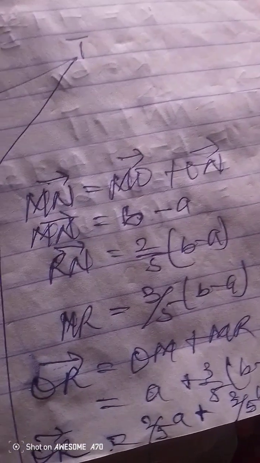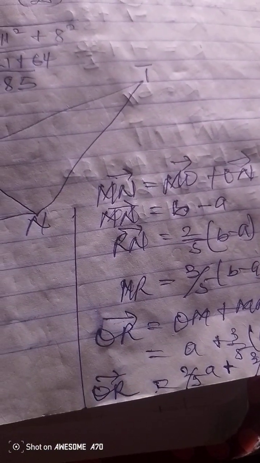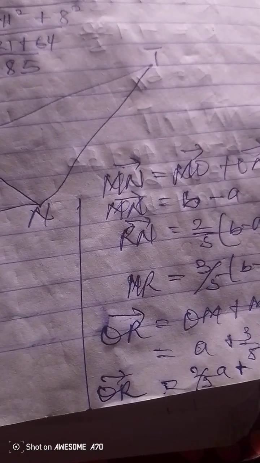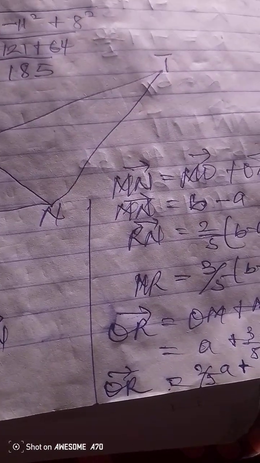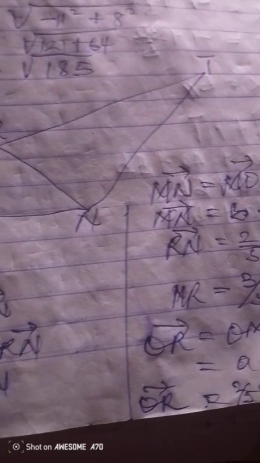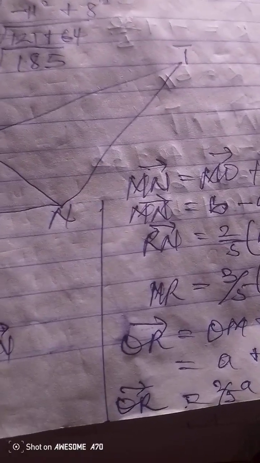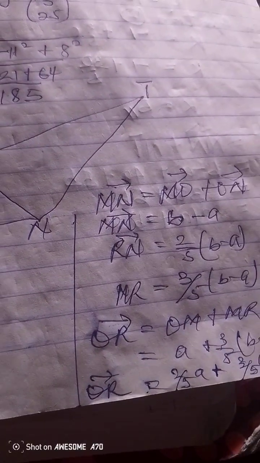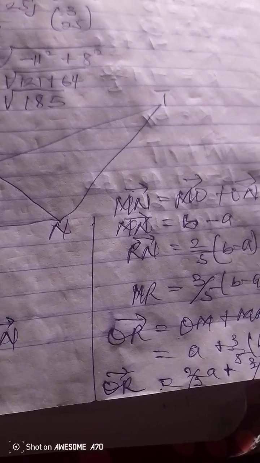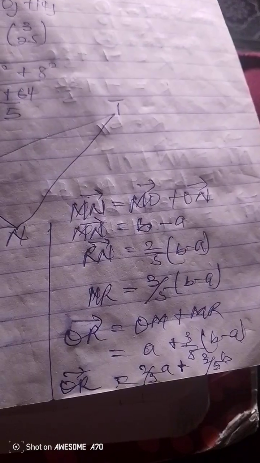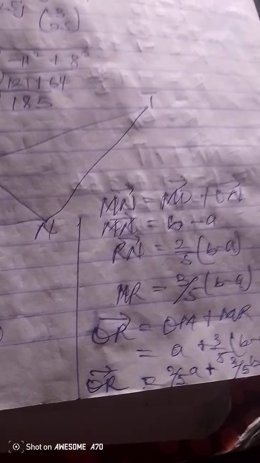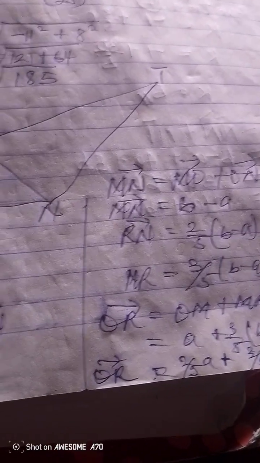If that be the case, having MN as MO plus ON, MN can be expressed as b minus a. Since OM is a, MO is the negative vector of OM, so we have b minus a. Therefore, RN is 2 over 5 of (b minus a), and MR is 3 over 5 of (b minus a).